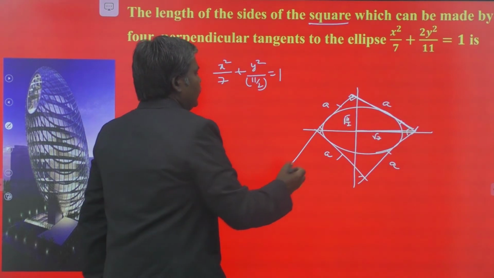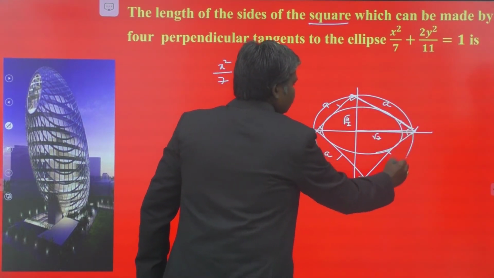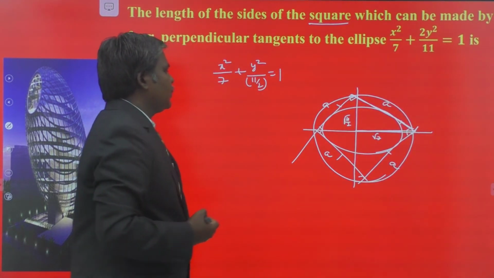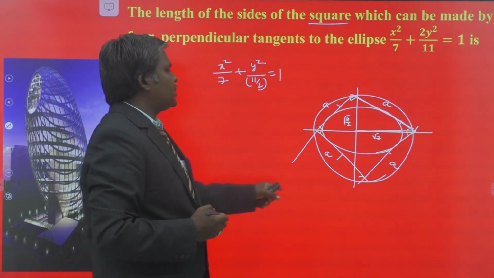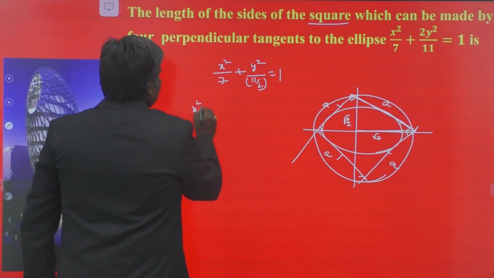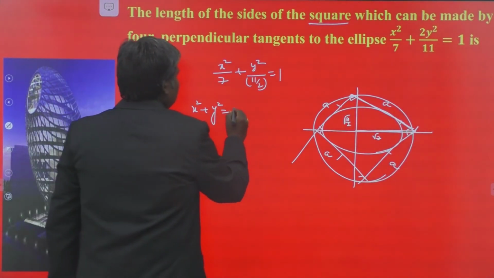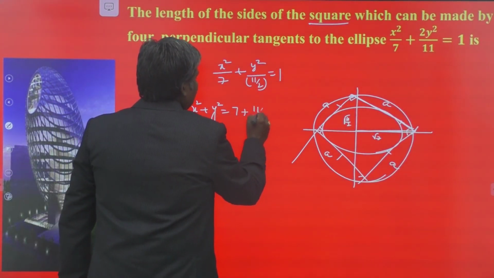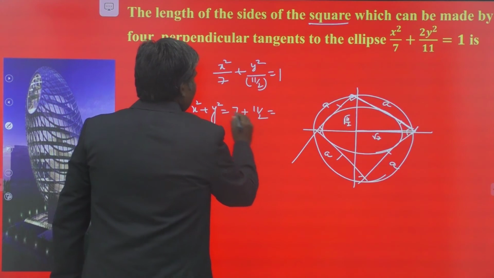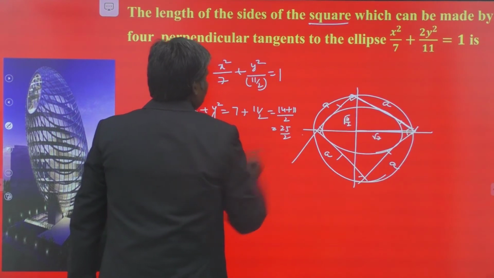Now, is it a director circle or not? This is your director circle, because the locus of the point of intersection of perpendicular tangents is the director circle. Its equation is x square plus y square is equal to a square plus b square. 7 plus 11 by 2, that is 14 plus 11 by 2, that is 25 by 2.